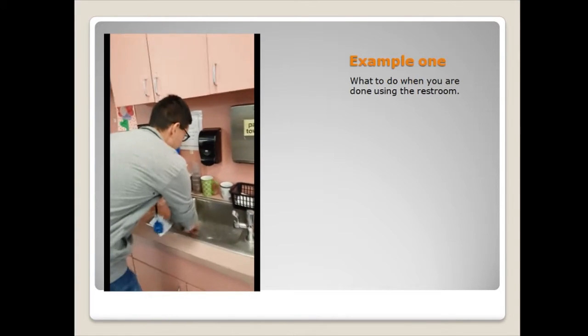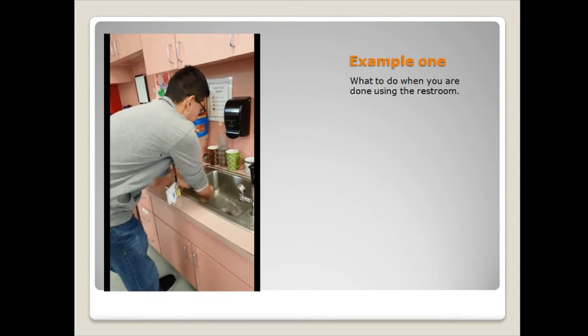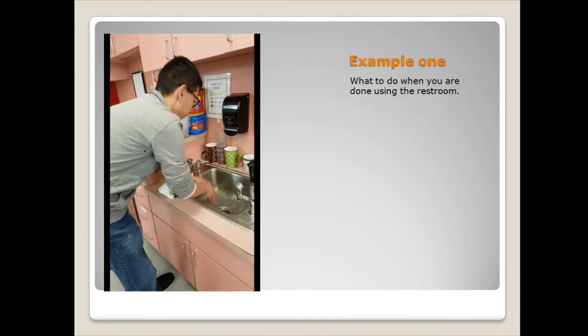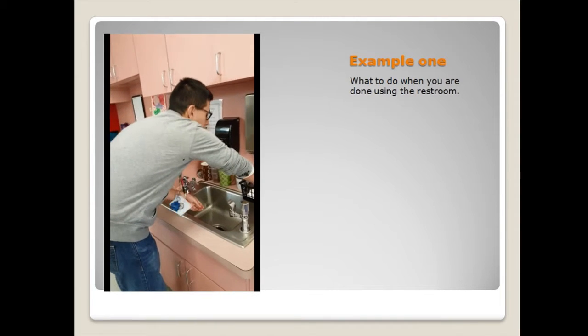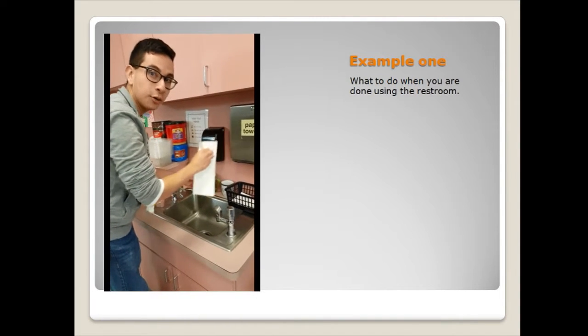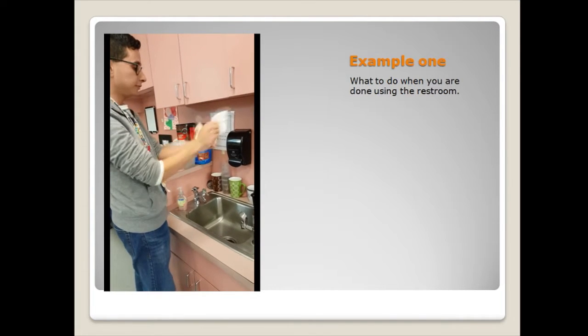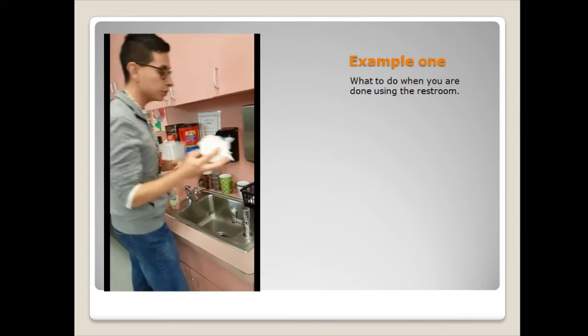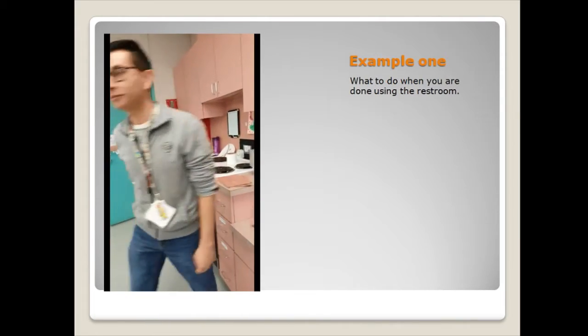Put my hands underneath the water to wash my hands so they're nice and clean. After I wash my hands, I turn the water off. I grab a few paper towels and I dry my hands. I put the paper towels in the garbage and then I go back to my seat.